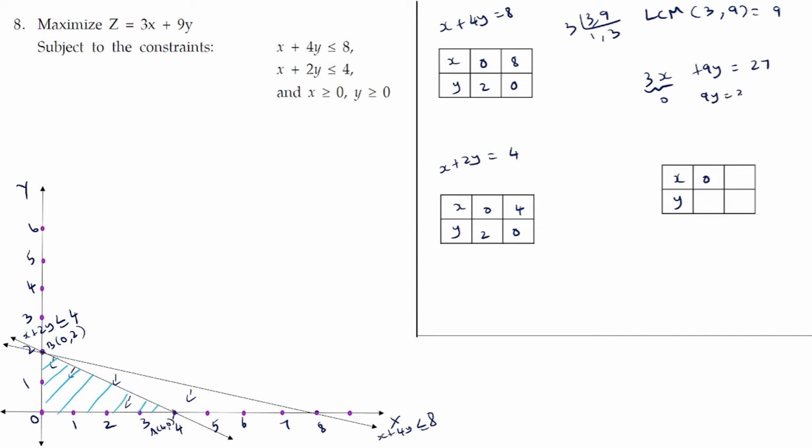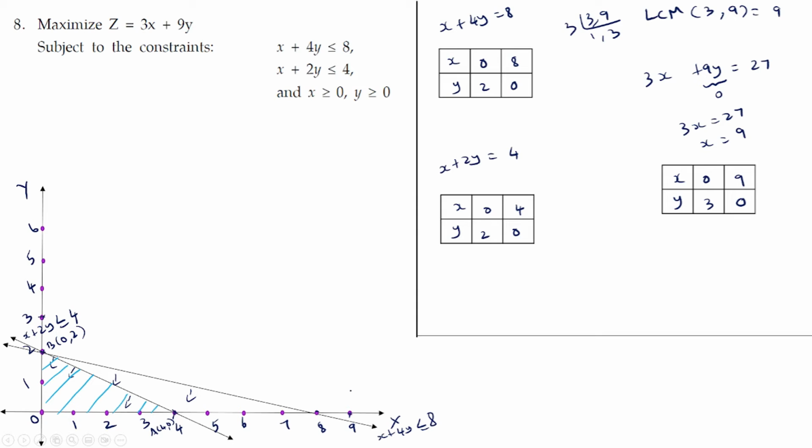You will get 9y equal to 27 or y is equal to 3. Then when y is 0, this part will be 0. We get 3x is equal to 27. X will be 9. So the 2 points are 0, 3 and 9, 0.